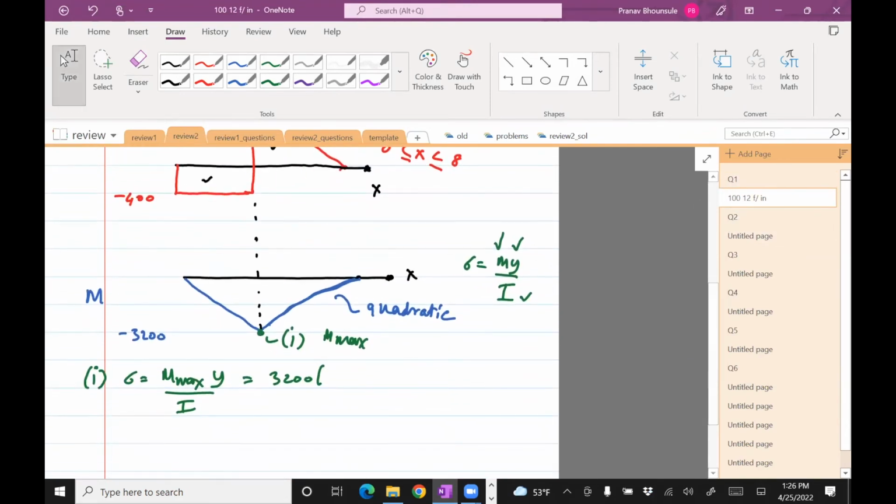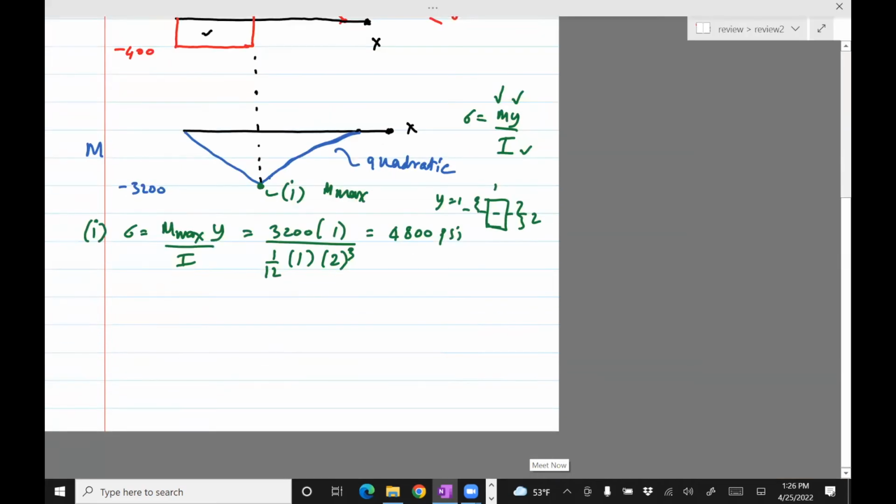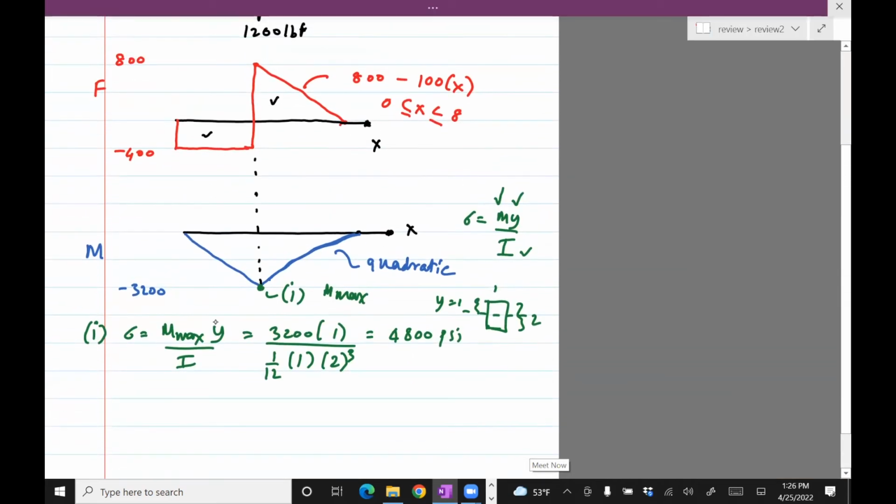From the neutral axis, this is 1, this is 2. So y equals 1, divided by 1/12 b h cubed. b is 1 here, h cubed is the height, so 2 cubed, and that comes out to be 4,800 psi. Okay, so we're done with part one.